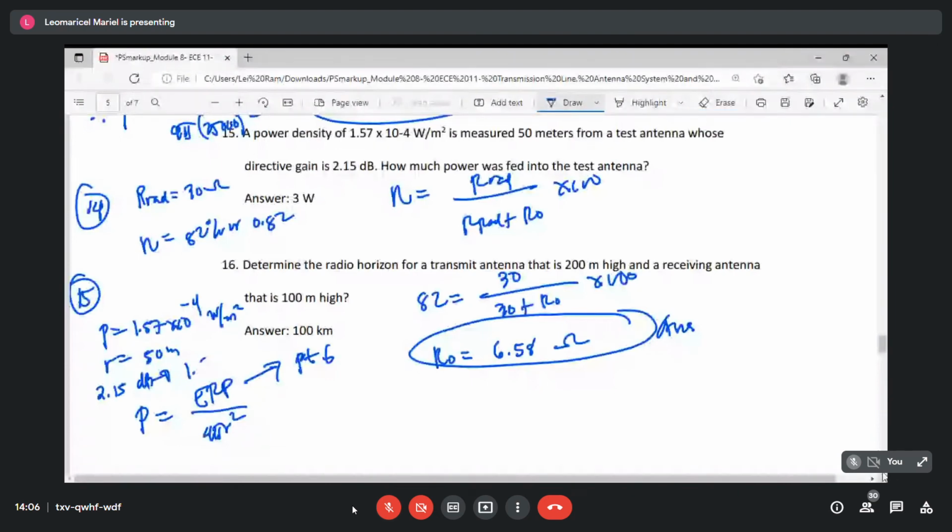Now, ilan daw yung power na nilagay sa antena? Edi yun yung PT mo. ERP is PTG, therefore, yung 1.57 times 4 pi multiplied by 50 square, over G, which is 1.64. Chip solve.